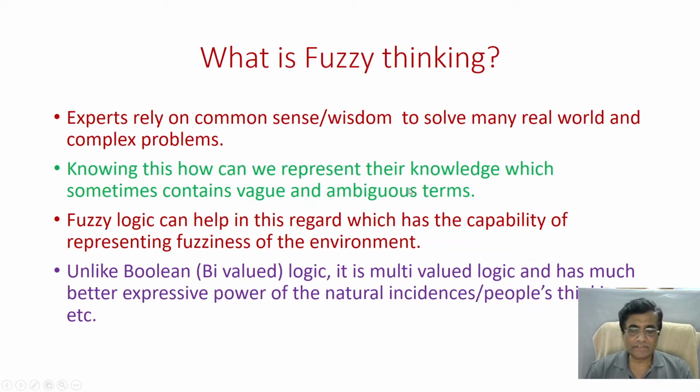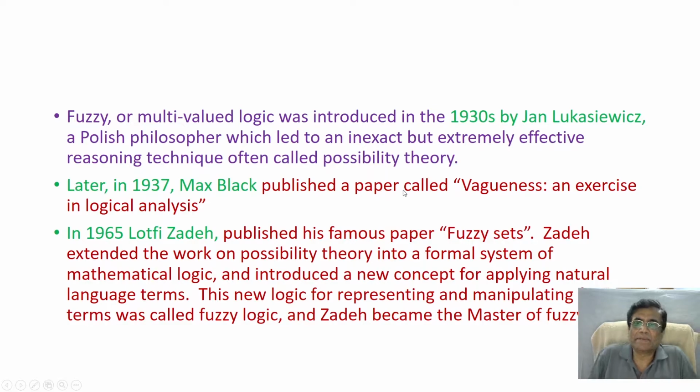So bi-valued logic has limited capability of expressing. I will show you afterwards that bi-valued logic can only tell you yes or no. For example, I have given you that I am 6 feet 1 inch, and you decide that 6 foot means he will be categorized as tall.